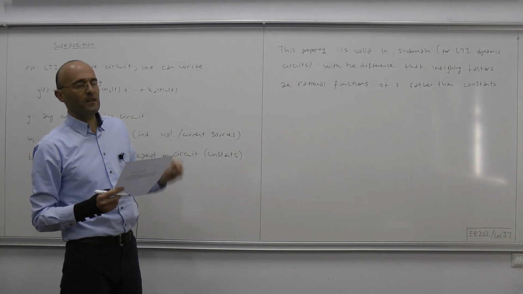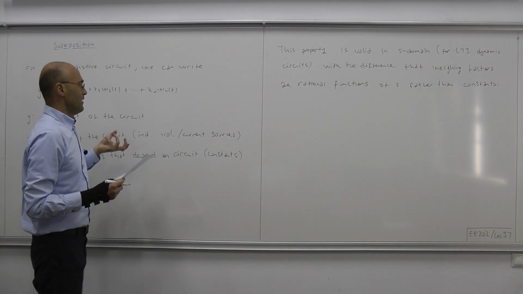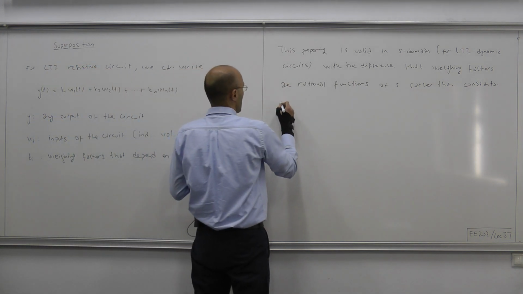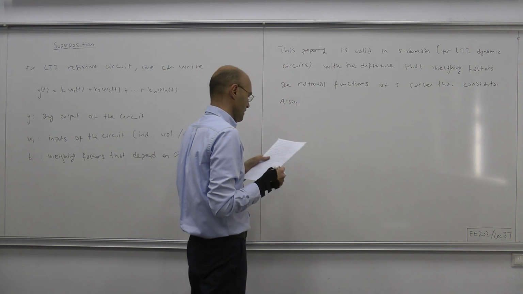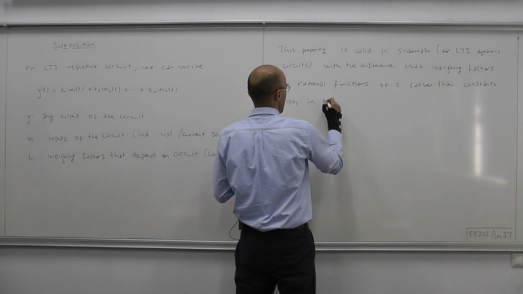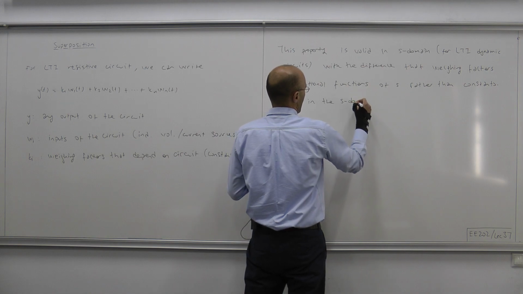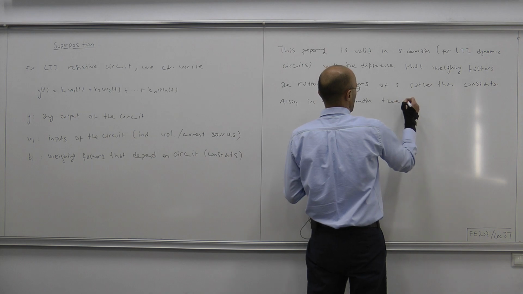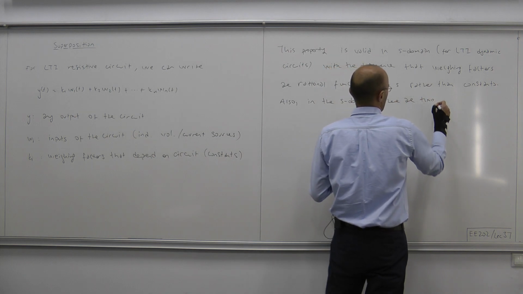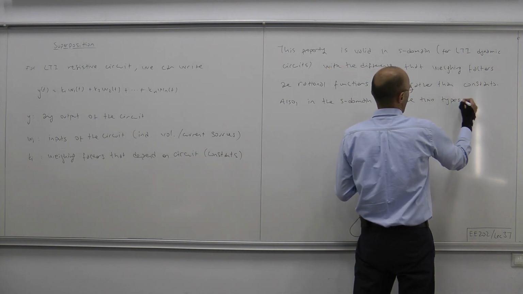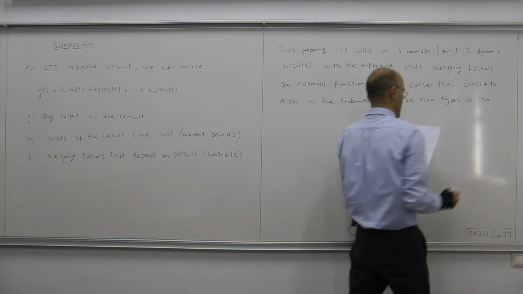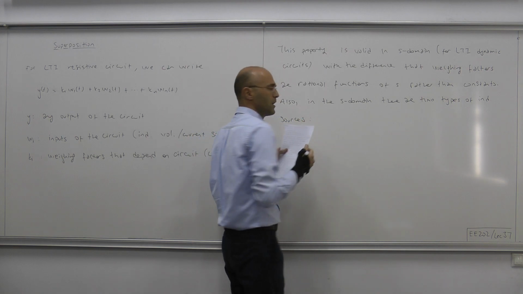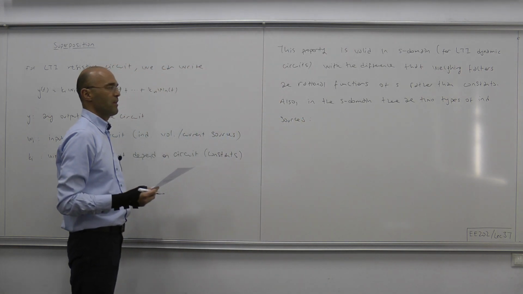There's also a subtlety regarding what to consider the input in S domain. In the S domain, there are two types of independent sources, and we're already familiar with that fact.